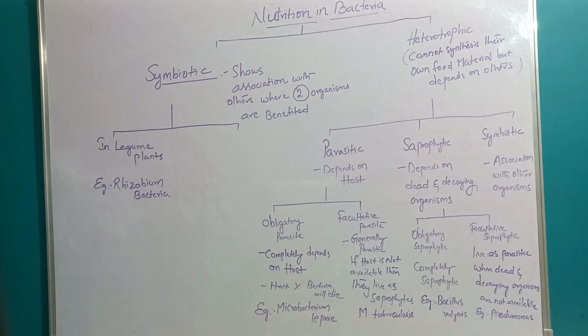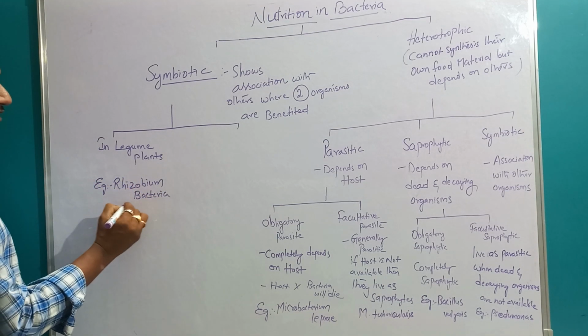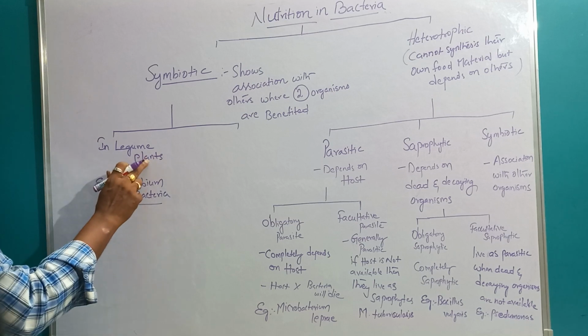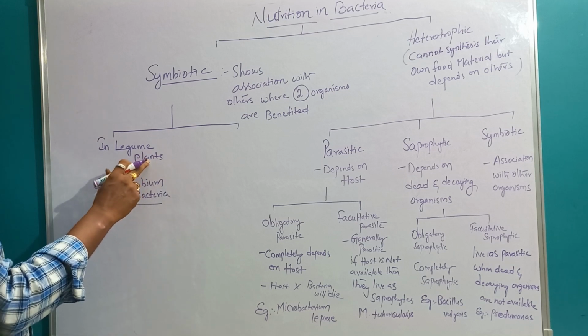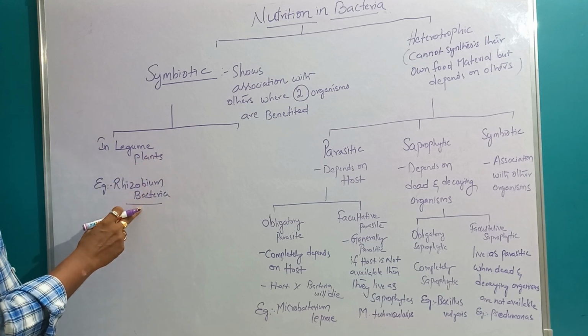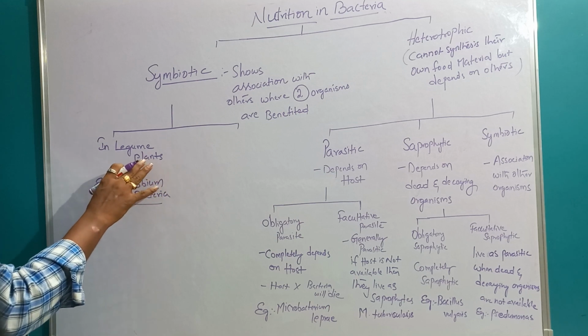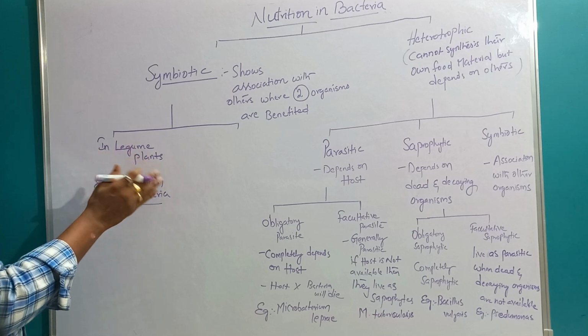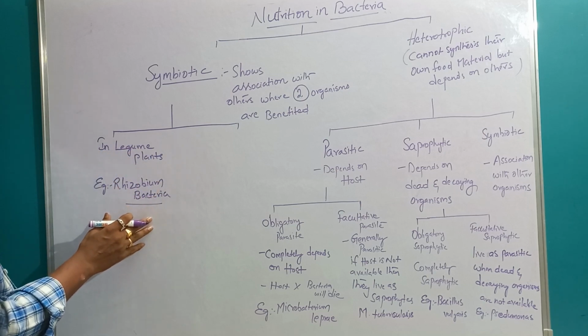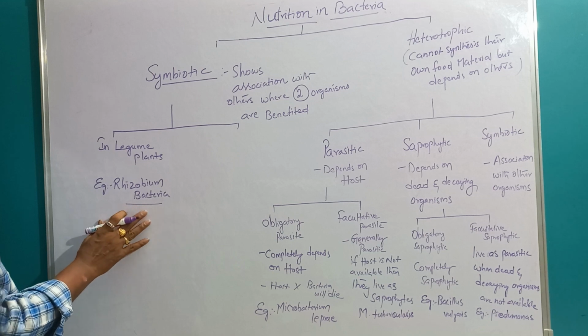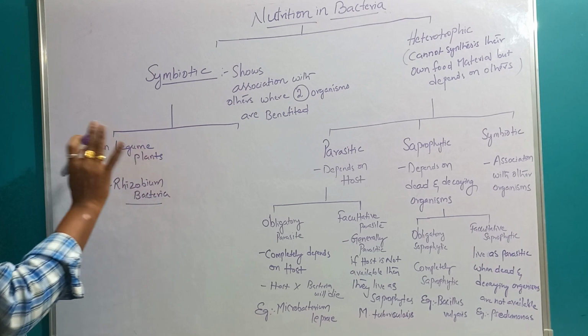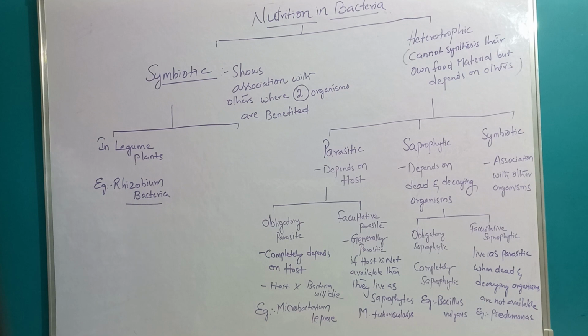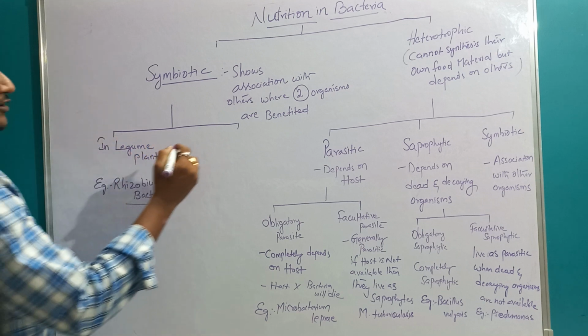This Rhizobium bacteria shows association with legume plants, where Rhizobium bacteria gets food and shelter from legume plants, and in reverse legume plants get nitrogen through the nitrogen fixation process from this bacteria. So this is in legume plants.